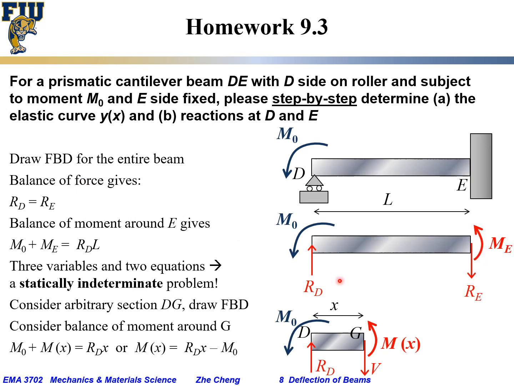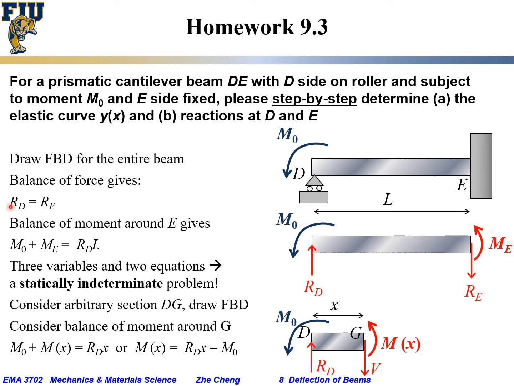The balance of force would give RD in magnitude the same as RE, and they are in opposite directions. The balance of moment around the E point would give M0 counterclockwise plus ME counterclockwise balanced by RD times the distance L. Okay, so now how many variables do we have?